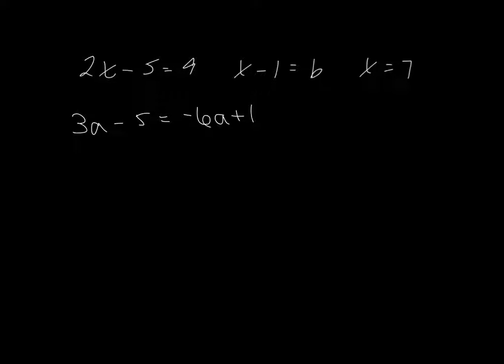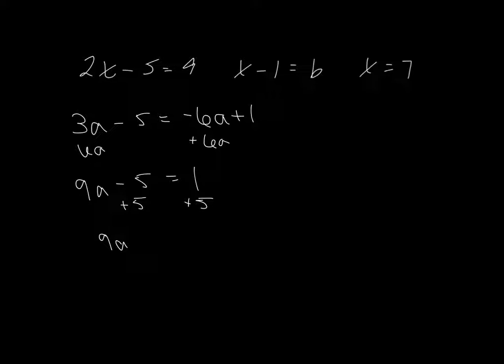Alright, so if you remember, in order to solve for the variable a, we need to get all of the a's on one side of the equal sign and all of the numbers on the other side so that we can determine what a is. So first thing I would do is move your a's over to the same side by adding 6a to both sides. And then getting rid of your numbers.